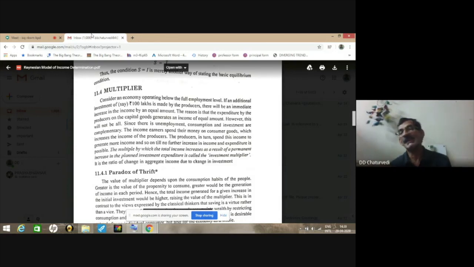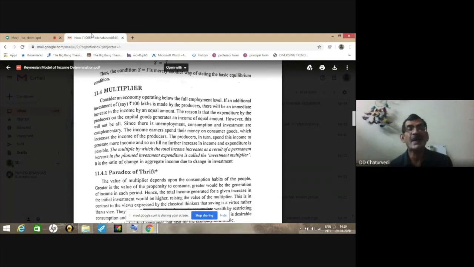In simple words, whenever we increase the investment expenditure, there will be a rise in the income level, but the rise in income level will be much more than the rise in investment expenditure, and the multiple by which income rises for a given change in planned investment expenditure will be called the investment multiplier.